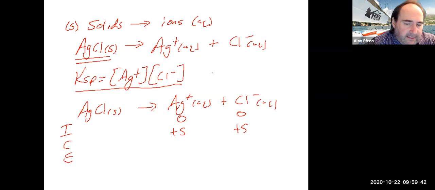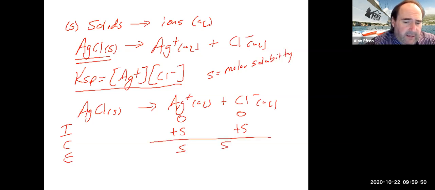But that S refers to the molar solubility, basically the molarity. And again, we would carry our S's down and do like normal, put it into our equilibrium expression, and solve for S. That would give us our molar solubility of a particular compound, in moles per liter.